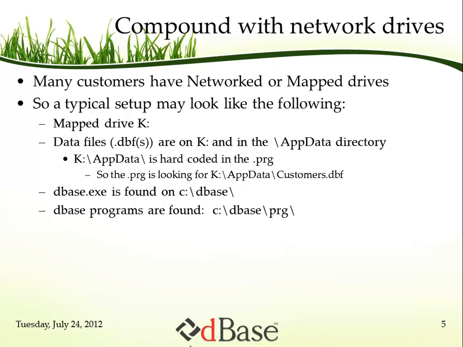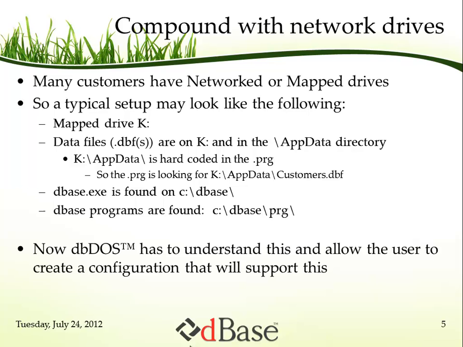But dBASE itself is on a C drive, and dBASE programs can be found in the dBASE programs directory. Trying to get everything set up and able to be found, and if you had stuff hard-coded in there, just makes it an additional challenge for us to find where things are located. Now this will hopefully help you understand a little bit more about what we have to understand, and what you as a user of dbDOS need to understand when creating configurations.